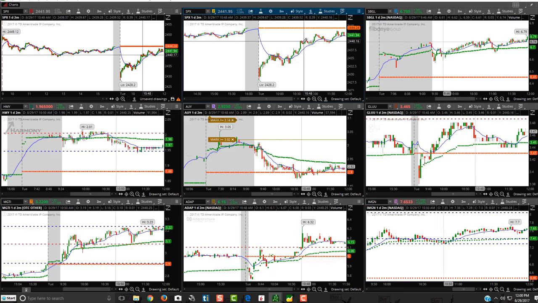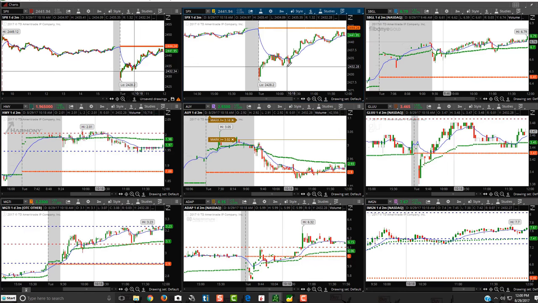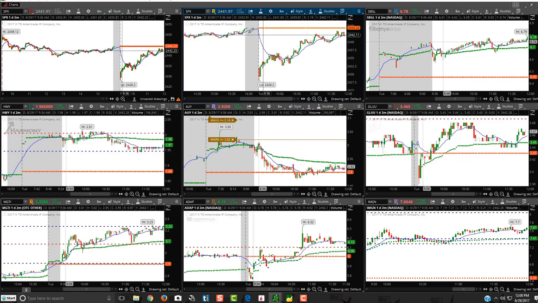But as you can see, when there was a dip, kind of changing right around 10 o'clock, you'll see it kind of faded and started going down a little bit. So around 10 o'clock, if you go right over here, you'll start to see right around here, it came down, but it started to go up a little bit.